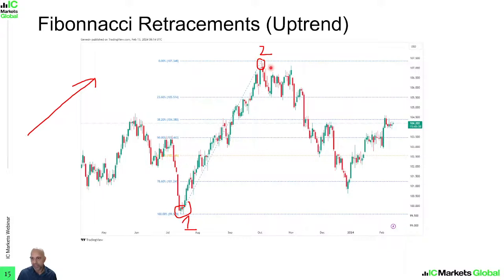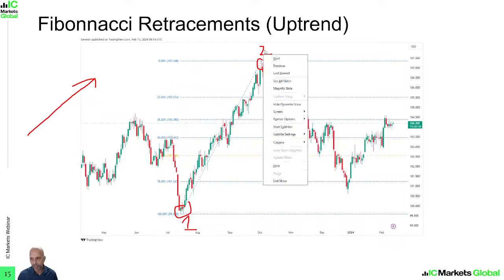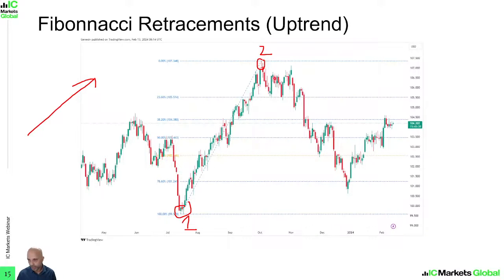So this means that we've drawn the Fibonacci retracement from the most ideal starting point to the most ideal end point. Now, as I mentioned, the retracement levels here, in this case of an uptrend, are going to help us identify potential support levels. Once again, these are potential support levels. It doesn't mean that all these retracement levels are going to offer significant support, right?